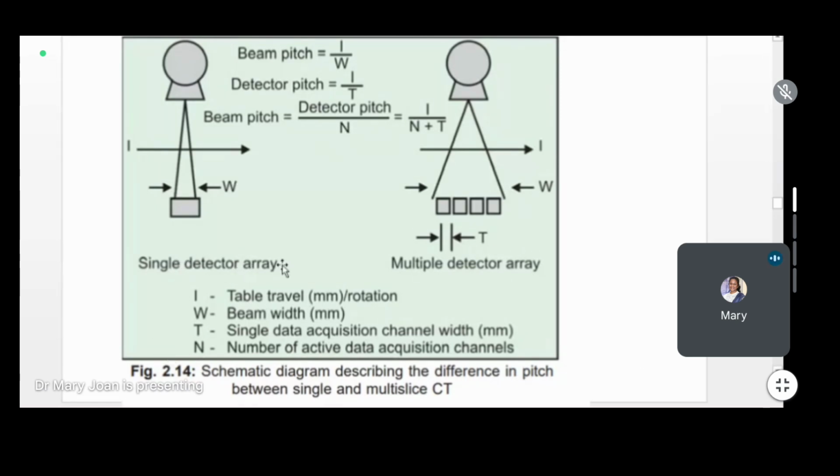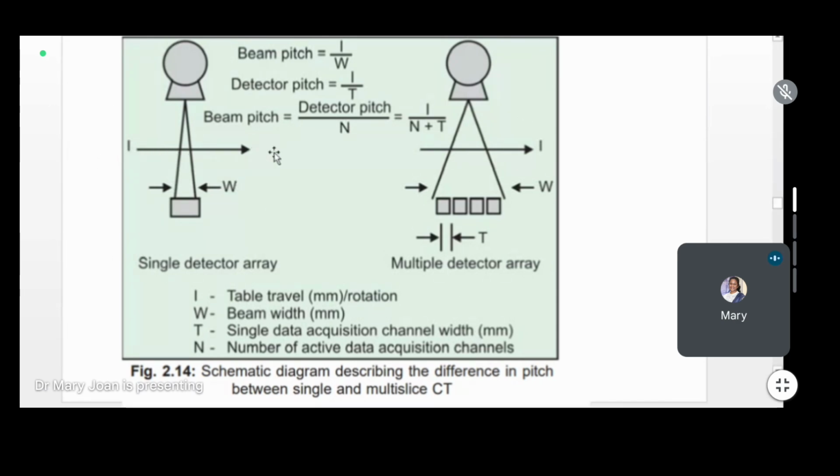For the single detector array, I is the table travel in mm per rotation, W is the beam width in mm, T is the single data acquisition channel width, and N is the number of active data acquisition channels. So I think everything is explained over here.